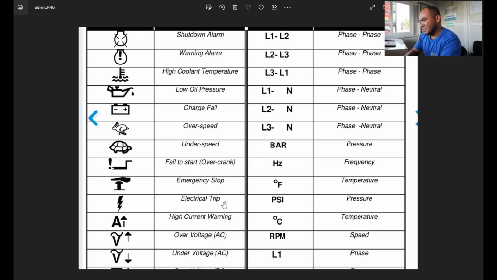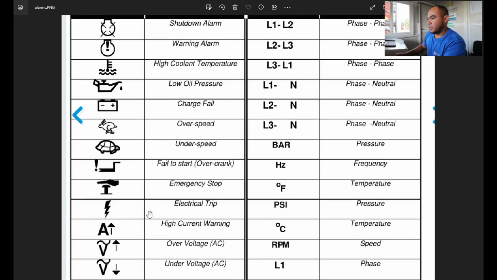So next here, this symbol is like E with an arrow up. This one means high current warning. High current warning depends on your configurations, either shutdown or whatever you are going to set.